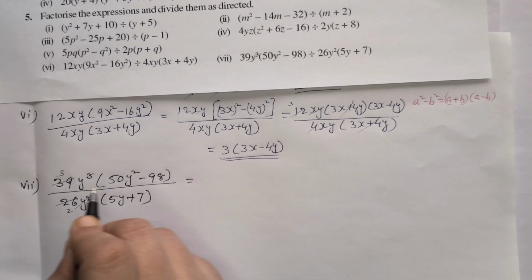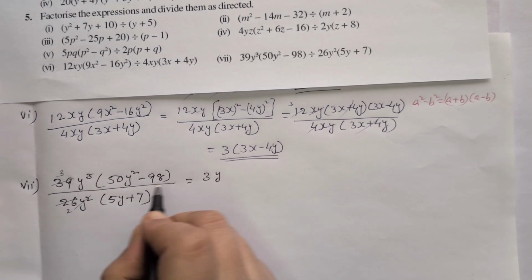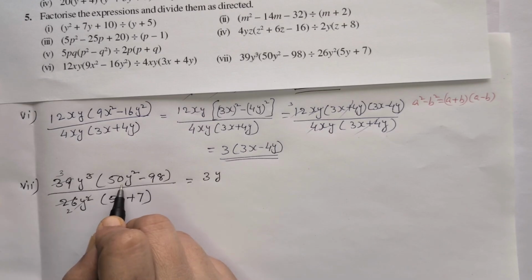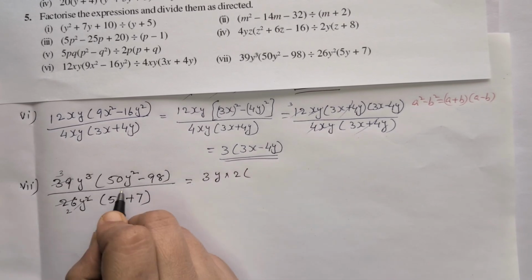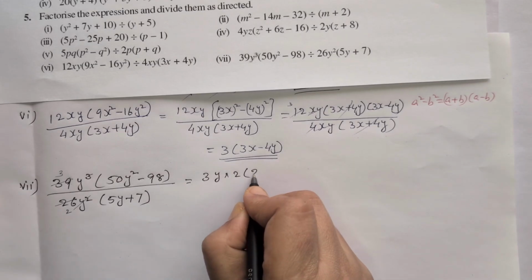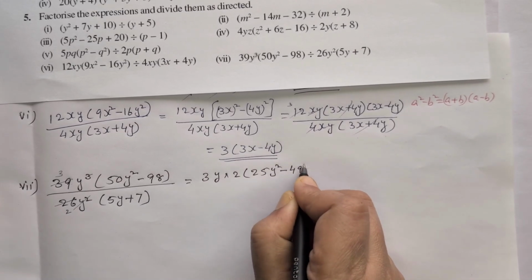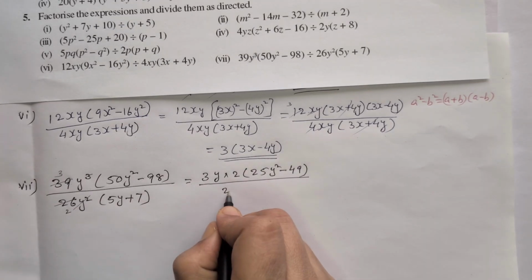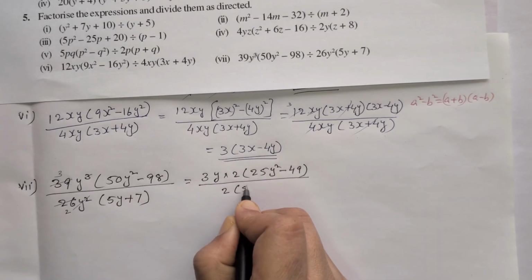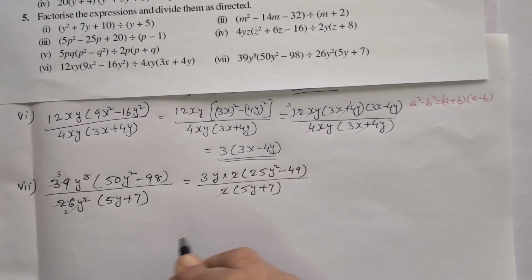So we can rewrite that as 3y, and we can take 2 as common from inside the bracket. Remaining is 25y square minus 49, divided by 5y plus 7, with 2 there as well. Now we can cancel this 2.